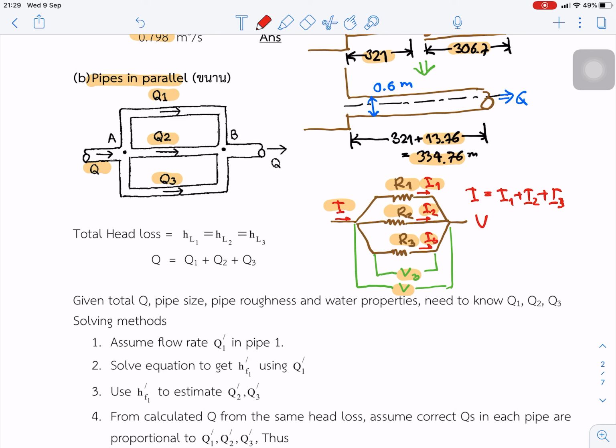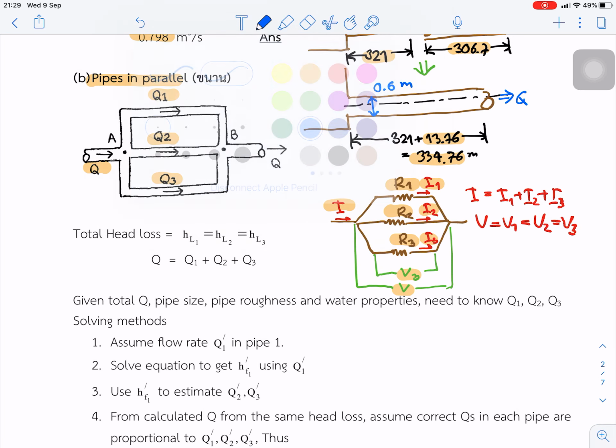But in terms of voltage, the voltage for the whole system is equal to the voltage for the different resistances.